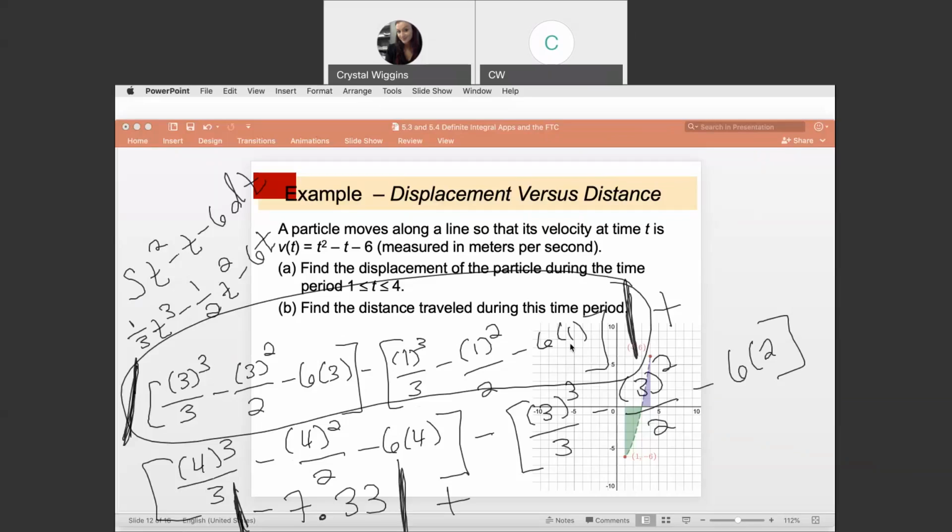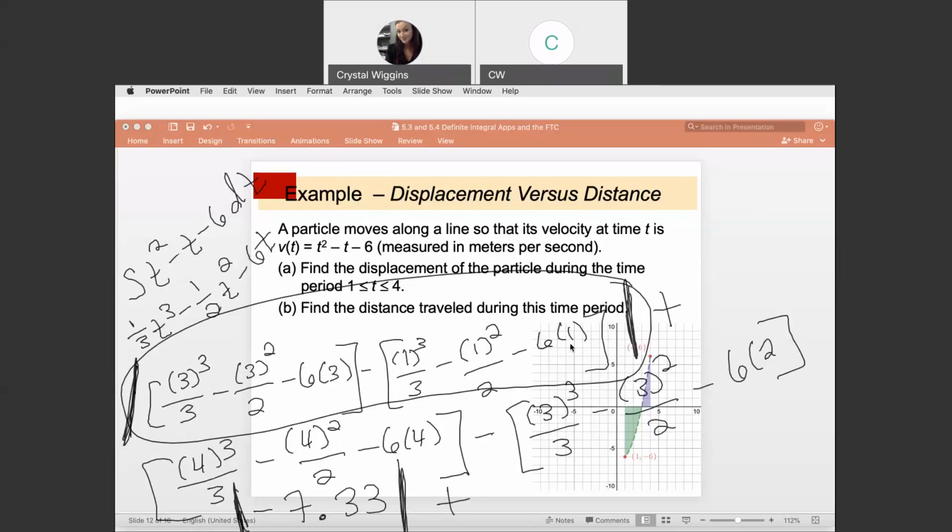So we have 4 cubed divided by 3 minus 4 squared divided by 2 minus 24. Then we're subtracting in parentheses 3 cubed divided by 3 minus 3 squared divided by 2 minus 12.